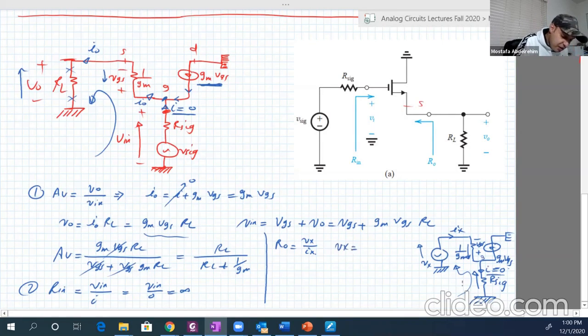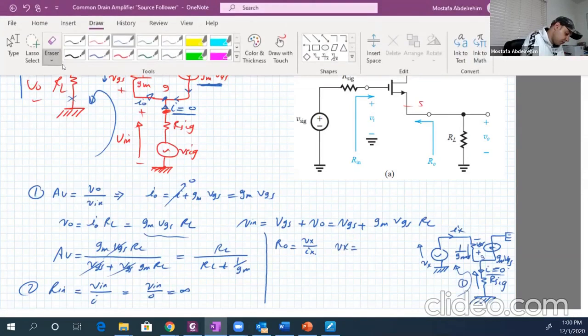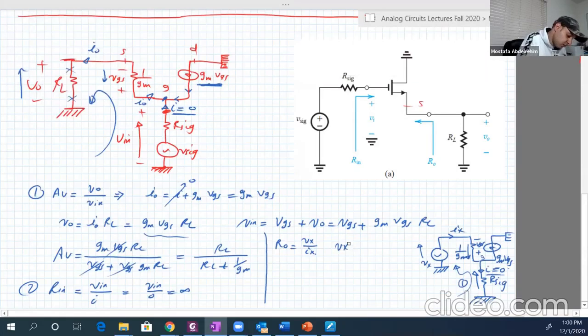From that loop here, let's call it loop 1, Vx plus VGS, remember, VGS has this direction, minus I, our signal, equal to 0. Remember, I is equal to 0, so I, our signal, is equal to 0. So Vx is equal to minus VGS.